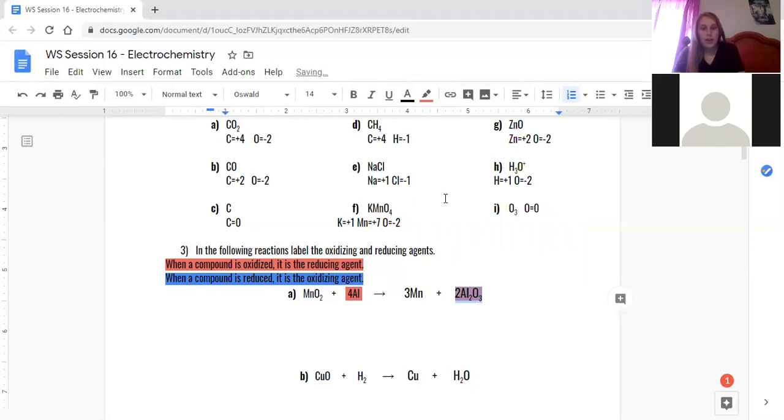Then we're going to look at manganese here. Because it's first, we can tell it's positive. And because it's by itself here, we can tell it's 0. So going from positive to 0 means that it's reduced. And because it's reduced, it's the oxidizing agent. So this one is reduced, and it's the oxidizing agent.